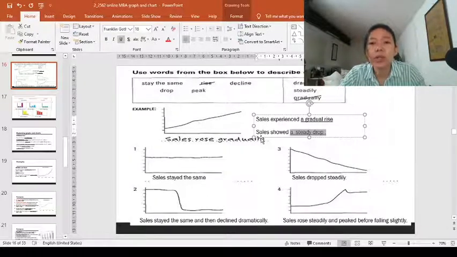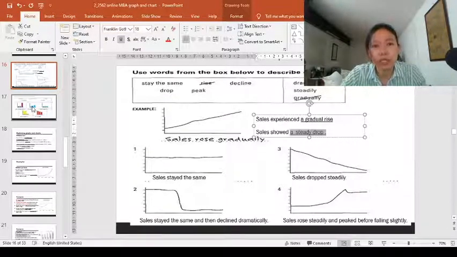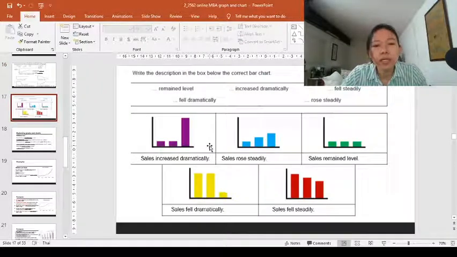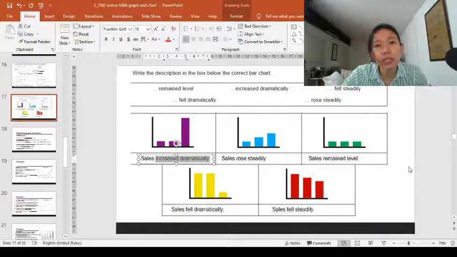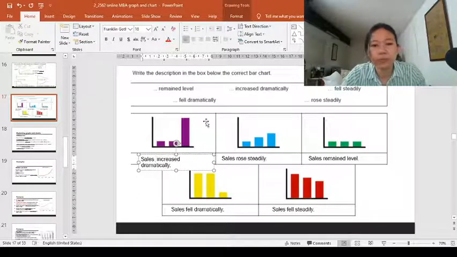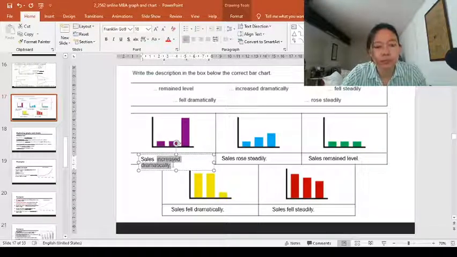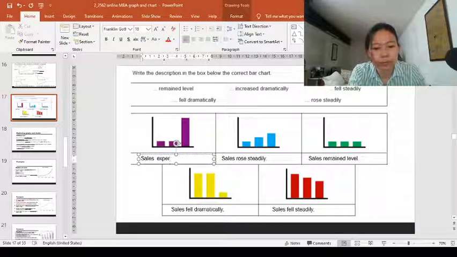Okay, so we're going to do the same thing with the bar chart here. With the bar chart here, you have sales increased dramatically. If you would like to change it into a noun phrase, you can easily change increased into a noun and then change dramatically into an adjective, dramatic.